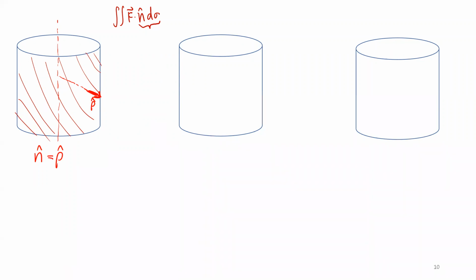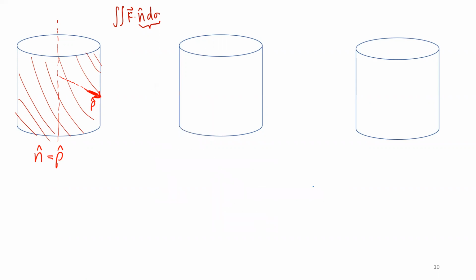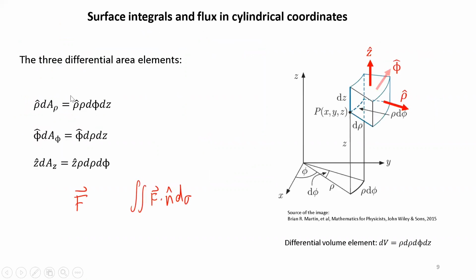And if I want to consider this whole curved surface, the differential area element would be a little curved part like this, and this little part really is exactly this one.